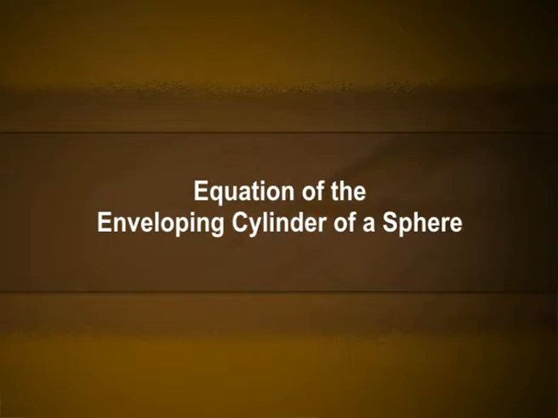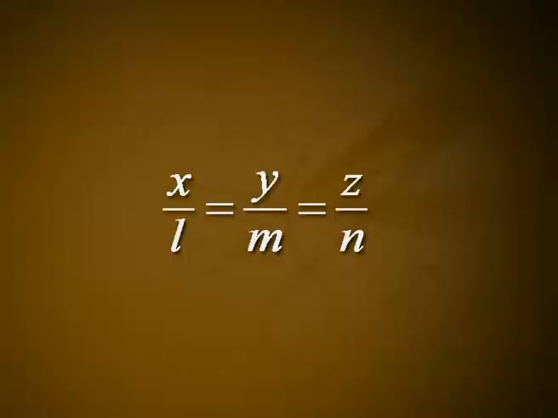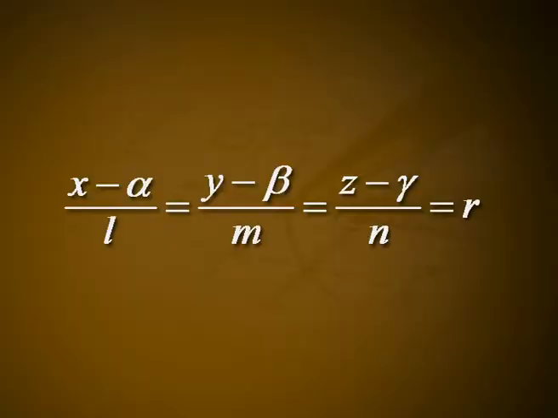Equation of the enveloping cylinder of a sphere. To find the equation of the enveloping cylinder of the sphere x² + y² + z² + 2ux + 2vy + 2wz + d = 0, whose generators are parallel to the line x/l = y/m = z/n. Let (α, β, γ) be any point on the surface of the cylinder, so that the equations of the generator through this point are (x − α)/l = (y − β)/m = (z − γ)/n = r.